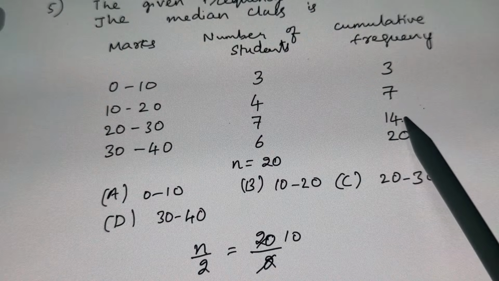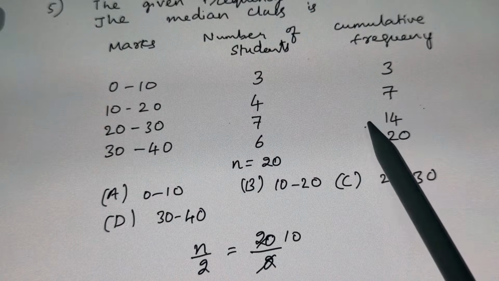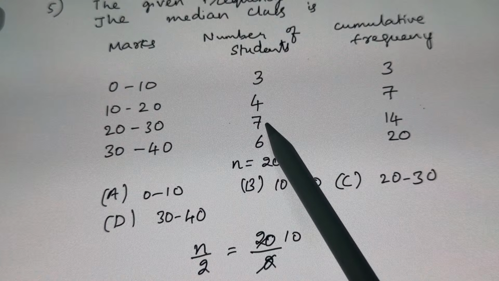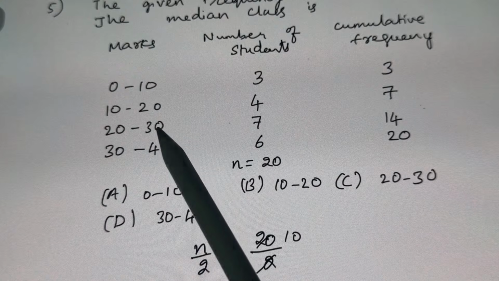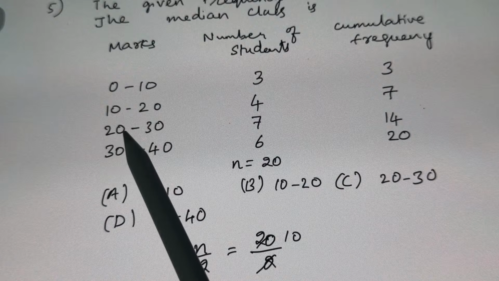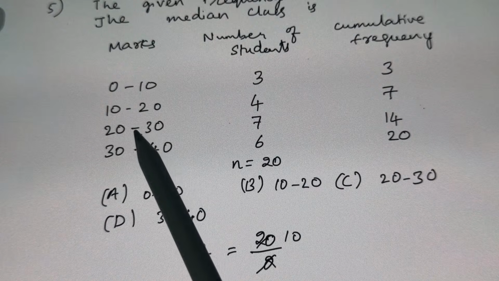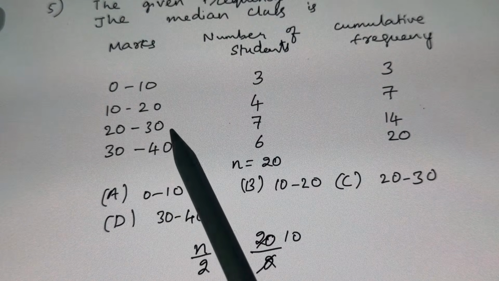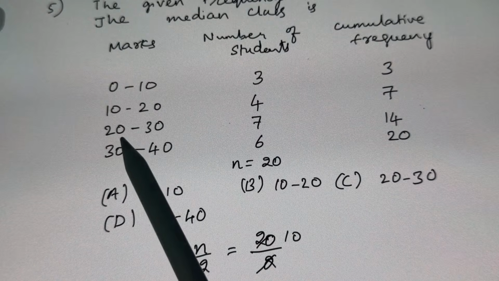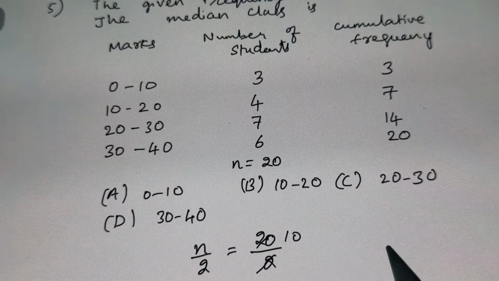So in the cumulative frequency you have 14. Coming back to the number of students, it is 7, and the given class is 20 to 30. So the median class from the given distribution table is 20 to 30.